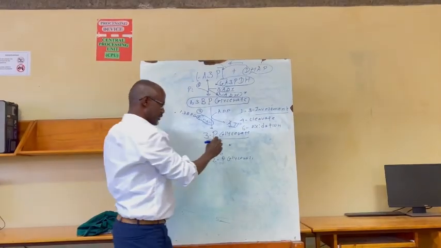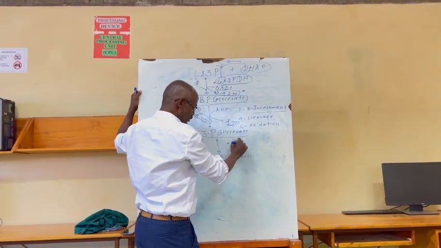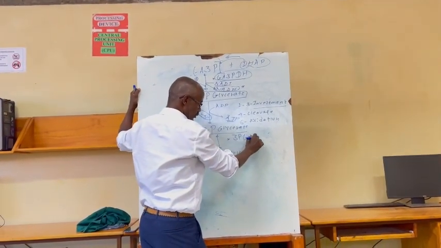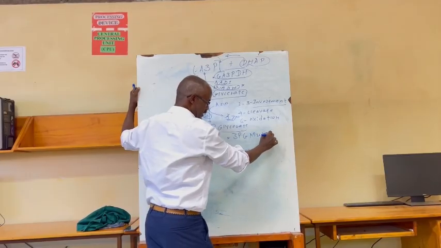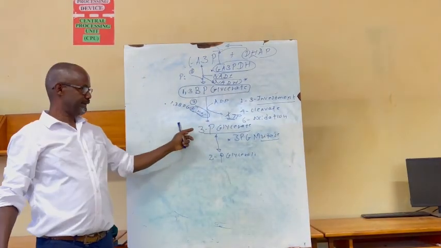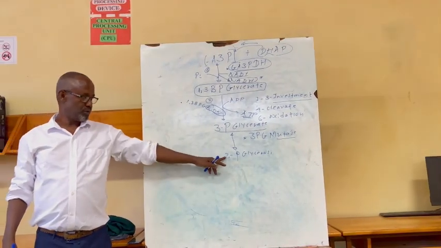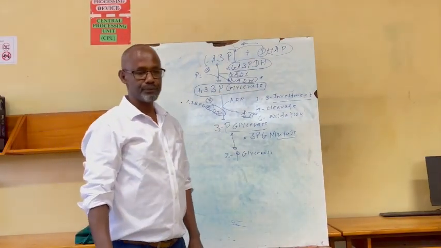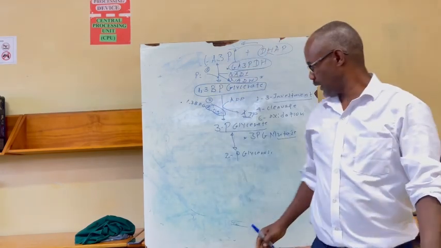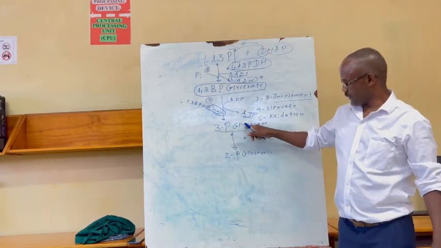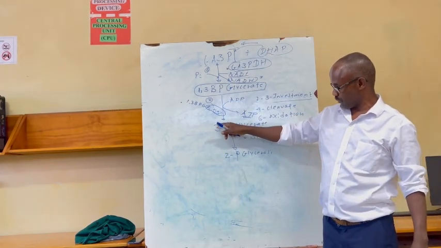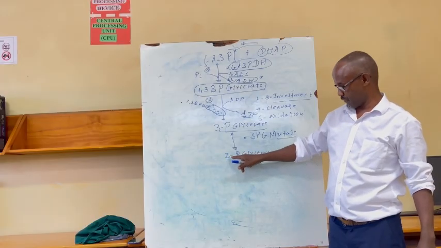Therefore, this enzyme is known as 3-phosphoglycerate mutase. You name the substrate, and then you add the term mutase. And what is obtained? 2-phosphoglycerate. Now, nothing happened here. The phosphate at the third carbon is put in the second carbon.